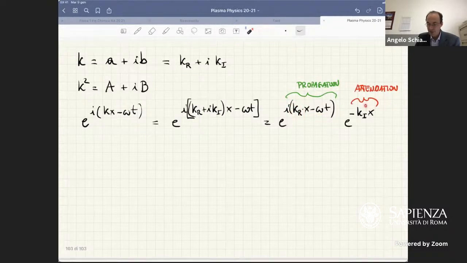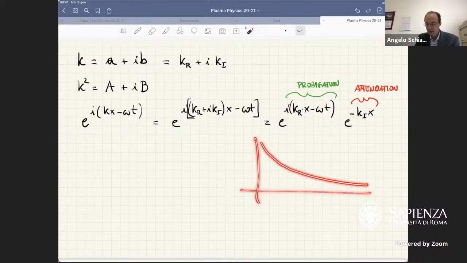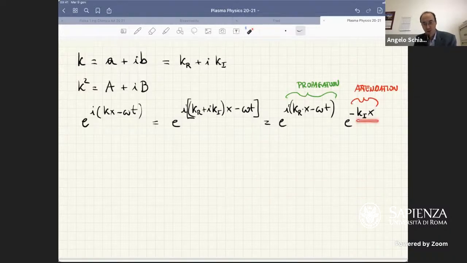And the imaginary part instead will describe a factor that is exponentially decaying along the propagation direction of the wave, which is x, parallel to the k vector. So this describes the progressive exponential attenuation of the wave as it propagates inside the plasma.